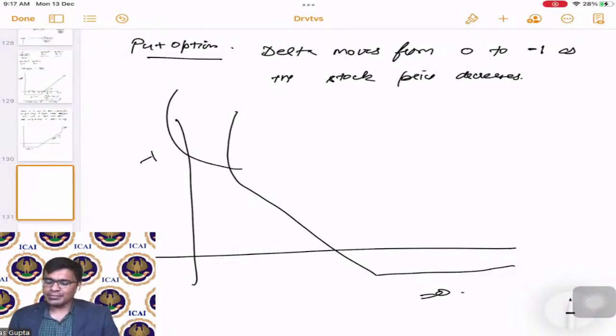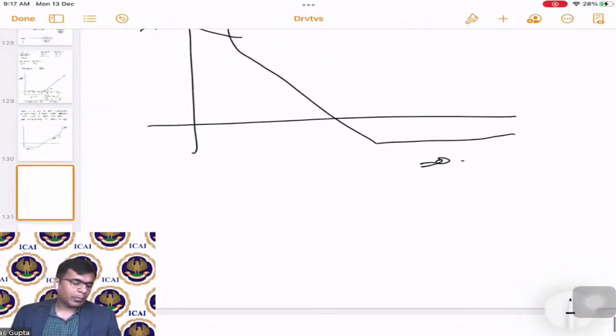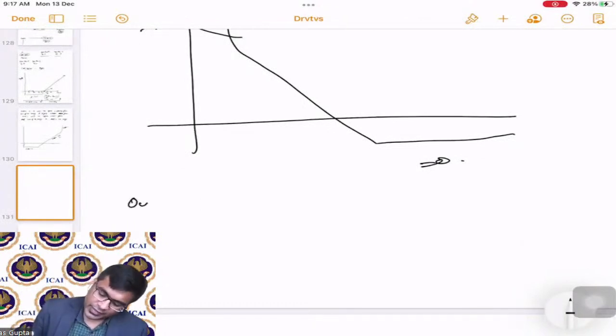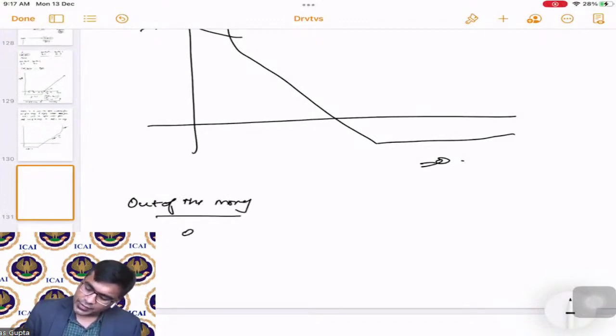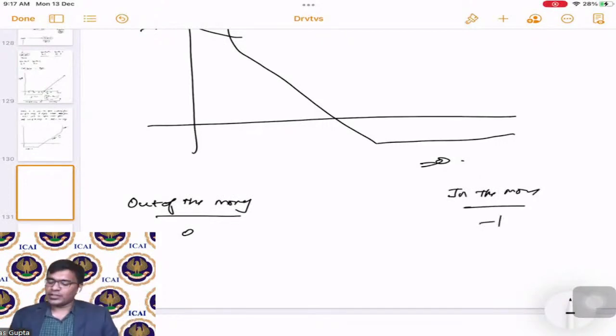We are not going into that, but the point we are making here is that if it is out of the money, the delta will start with 0. Once it goes in the money, the delta will go to -1, because minus represents the negative correlation.